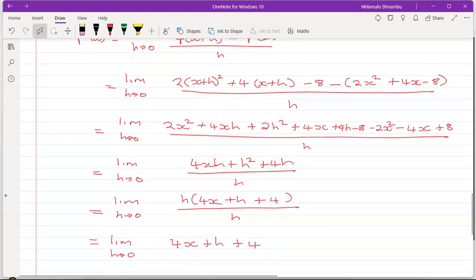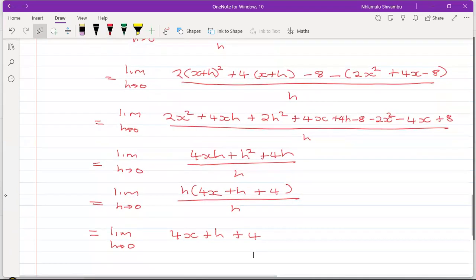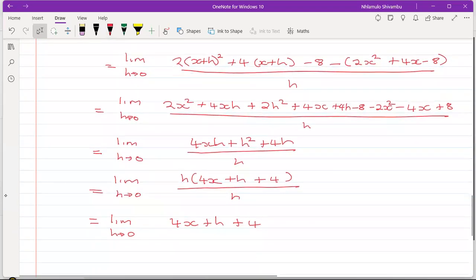Now we realize that we can substitute our h because we no longer have an h in the denominator. So this is going to be 4x plus 0 plus 4, and the answer will be 4x plus 4.